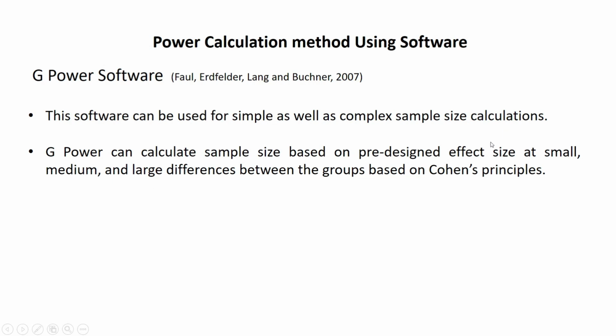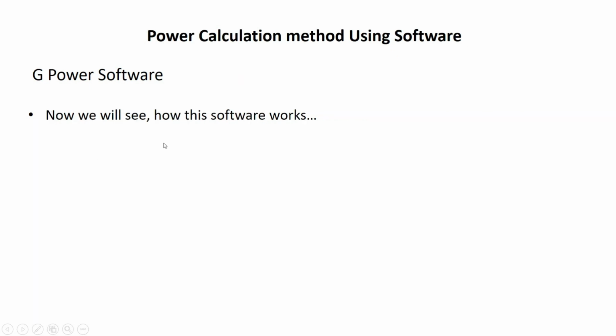It is the main basis of this type of power calculation. There are various factors that play a role in power calculation, and among those factors, effect size is the most important. So now we will see how this software works.